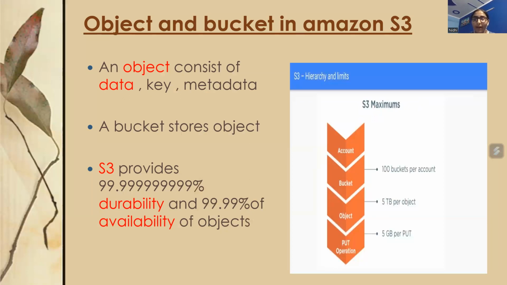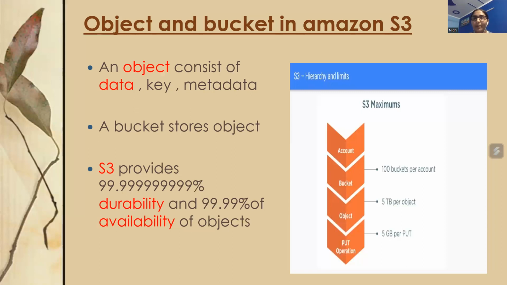Now S3 provides 99.999999999% of durability and 99.99% of availability. That means you can access your data anywhere at any time. So here, as you can see in the picture, in every account there is a default value. You have 100 buckets per account, but it's just by default.